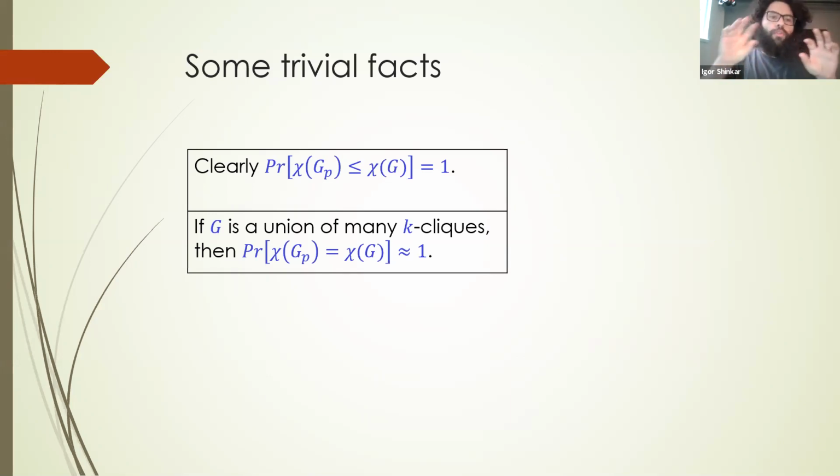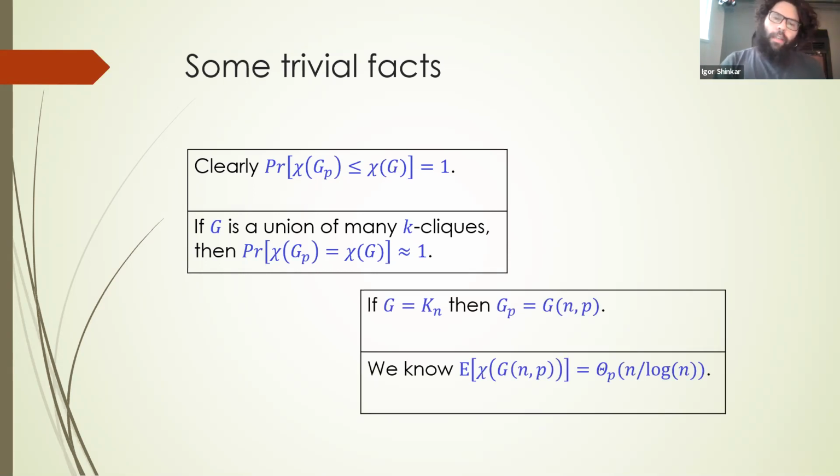If G is a union of many K-cliques, and if we want it to be connected, maybe we connect it by a path or something, exponentially many, maybe exponential in K squared, then the chromatic number stays very close to K. Because if we remove half of the edges at random, and there are many cliques, then one of the cliques will just survive with some probability. So if the number of cliques is exponential in K squared or something, then the probability that the chromatic number stays the same K as it was before will be very close to 1.